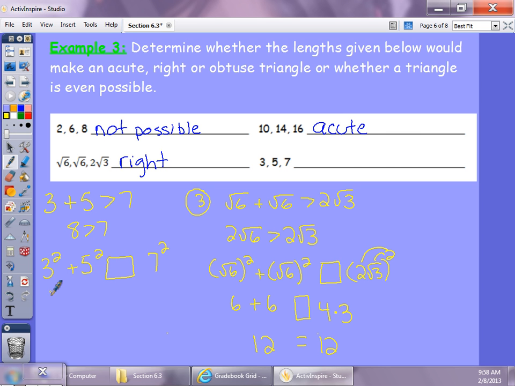So 3 squared is 9. 5 squared is 25. 7 squared is 49. And then 9 plus 25 is 34, so we now know that 34 is less than 49. So since the longest side squared is greater than the two smaller sides squared and added, we now know that this triangle is going to be obtuse.